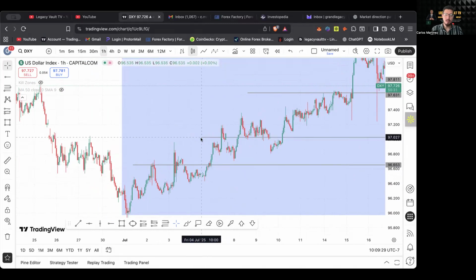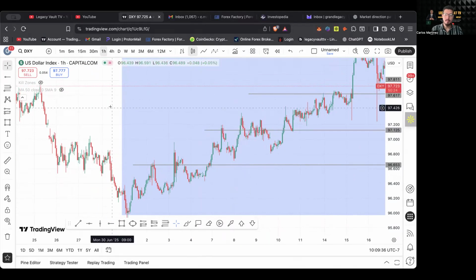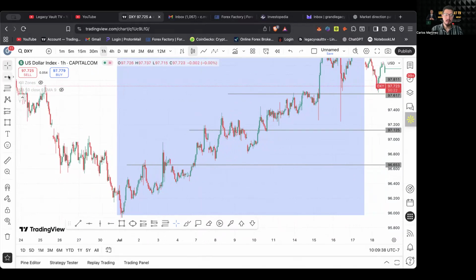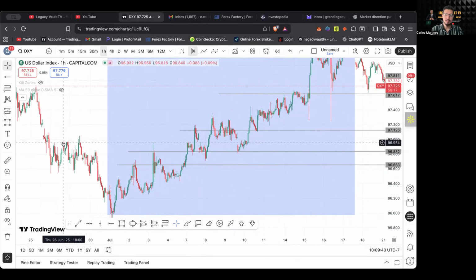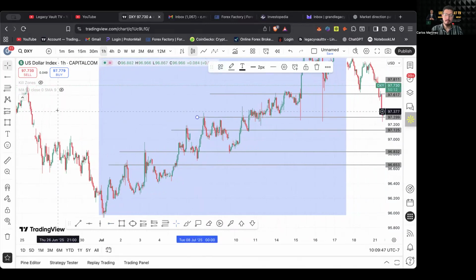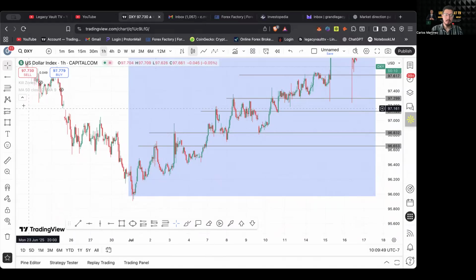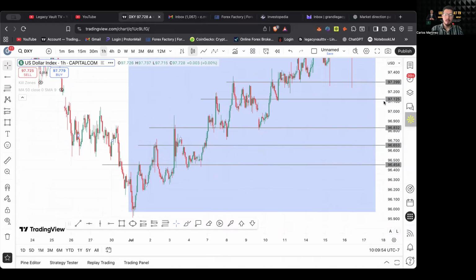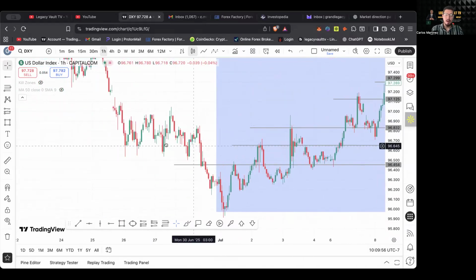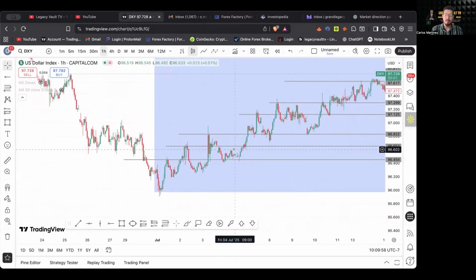Price was on an uptrend. It was breaking structure. See here. Now, price was creating higher highs and higher lows.